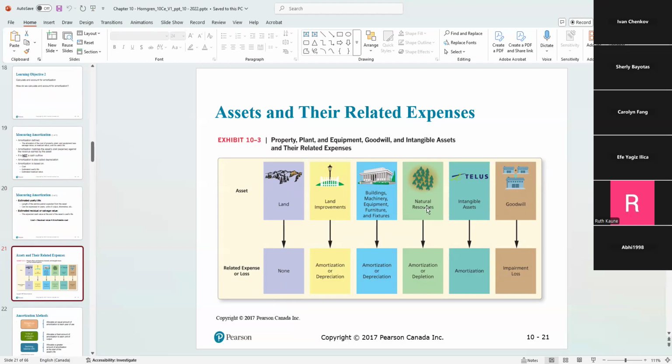So now it's coming to the point of the natural resources: copper, mining, gold, any precious minerals, oil, natural gas. Well, they all have capacity. For them, you're going to use either amortization or depletion.